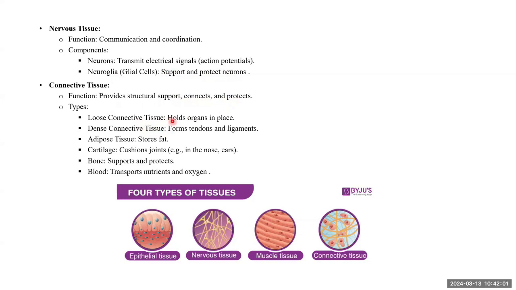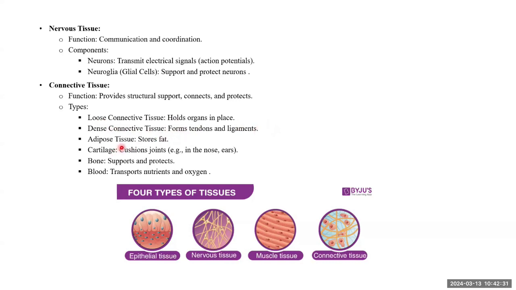Like there are fascias that, I would say, hold different organs whenever you are running or doing any activity, so the organs don't get misplaced from their own place. So this is the main function of connective tissue, such as loose and dense connective tissue forming the tendons and ligaments of the muscles, so they get attached to the bones.